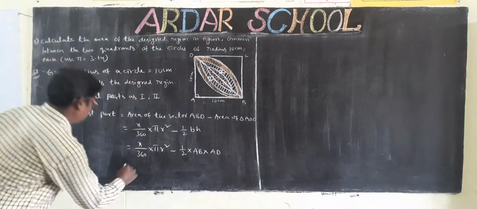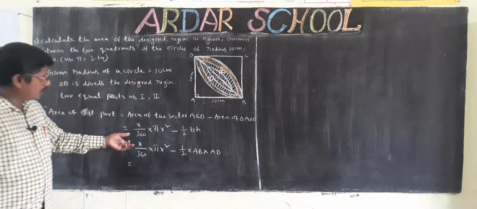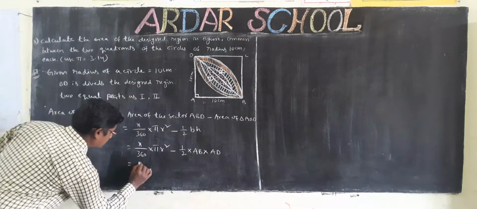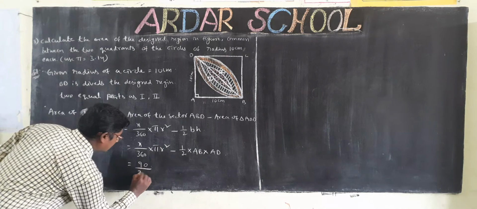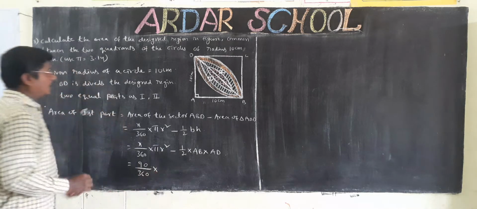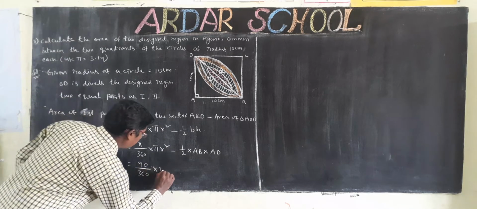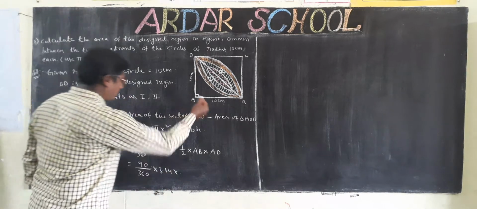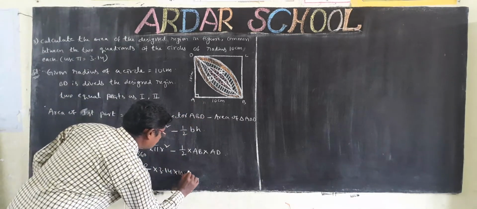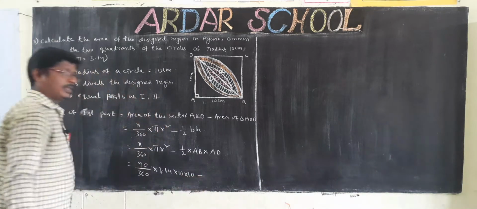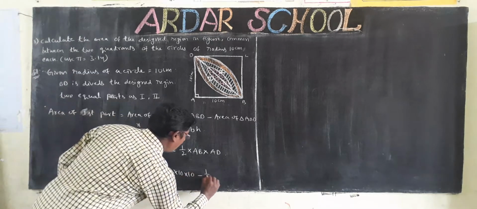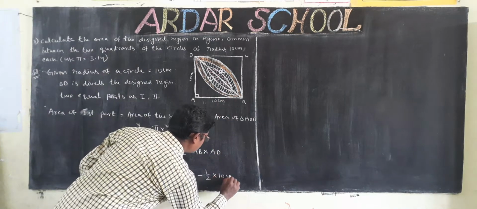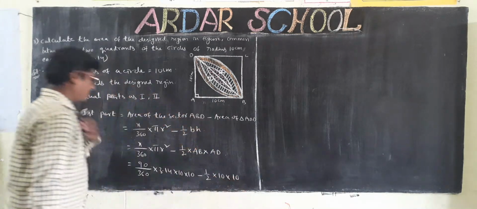Okay. So x is nothing but the angle. The angle of this quadrant is 90 degrees. So 90 by 360 into the pi value 3.14. Radius is 10 centimeters into 10 centimeters, minus half of AB. AB is 10 centimeters, AD also 10 centimeters.